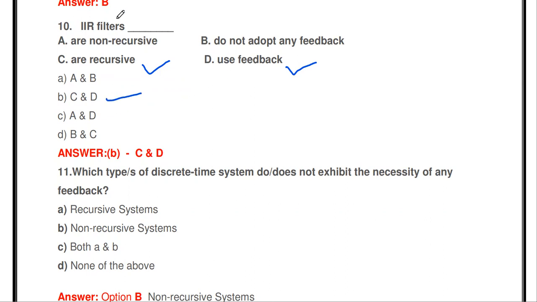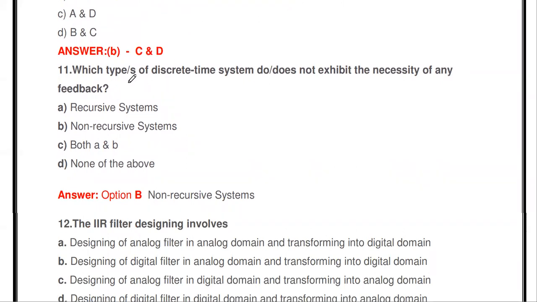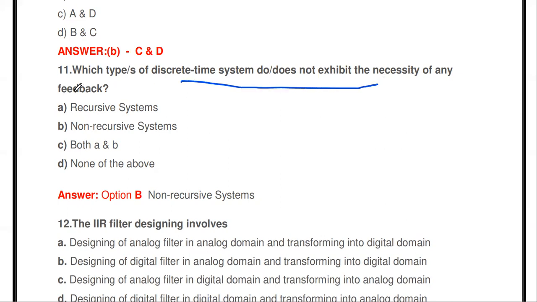Similarly, the FIR filters are the reverse. FIR filters are non-recursive, so they do not need any feedback. So IIR filters are recursive, FIR filters are non-recursive. The next question: which type of discrete time system does not exhibit the necessity of any feedback? Non-recursive system.